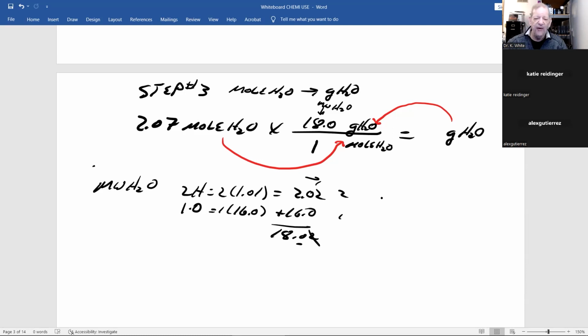Now moles of water divided by moles of water cancel out, because anything divided by itself equals the number 1. I'm left with grams of water. That's what I want. Now I will clear my calculator. 2.07 times 18.